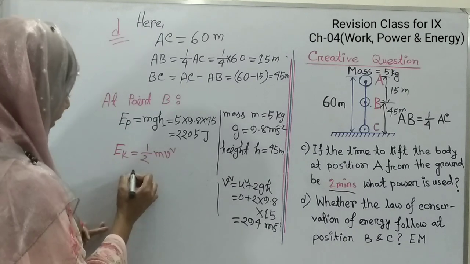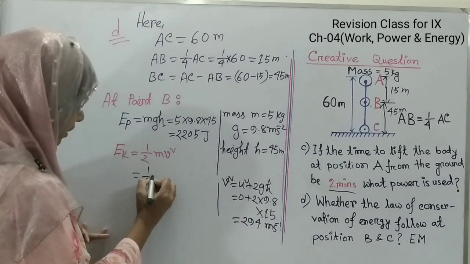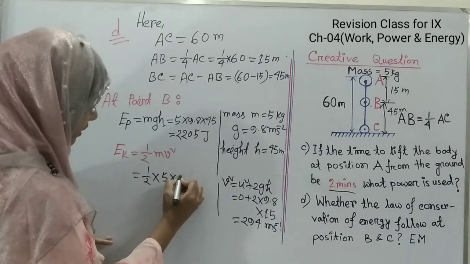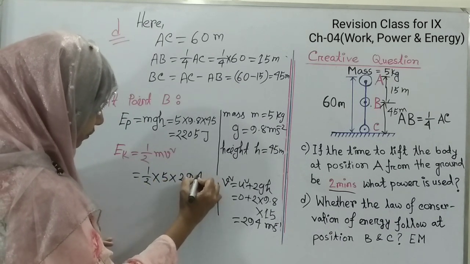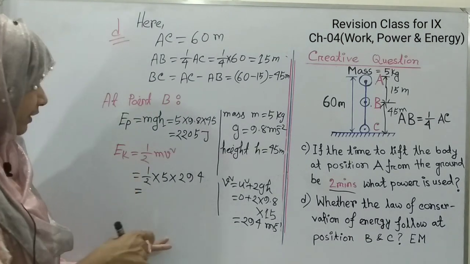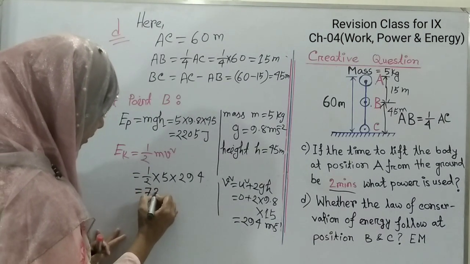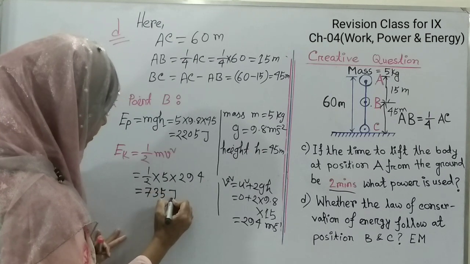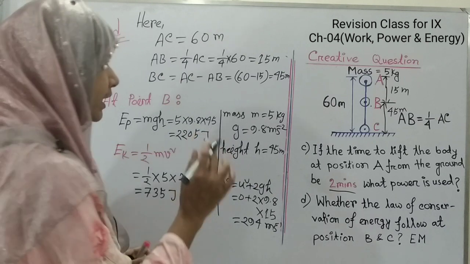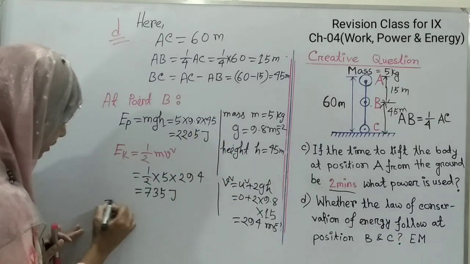Now I am putting the value of m and v square here. The value of m is 5 kg and v square equals 294. So we will get the value 735 joule.